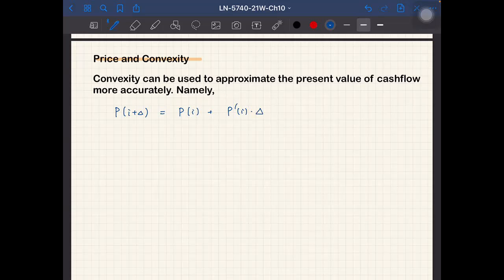And if we use the second derivative, then P double prime of i times delta squared over 2. This is by Taylor approximation.